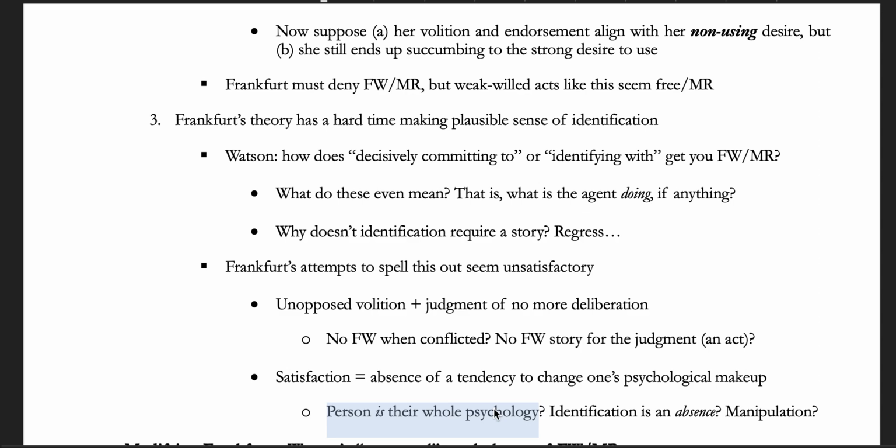And the only response he can make here is that, well, when you have this tendency to change your psychological makeup, then you have alien desires. But it's not clear that you need that. It's not clear that you need an inclination to change your psychology in order to have alien desires. You might not even be aware that your desire is alien. And so you don't have a tendency to want to change it because you're not even really aware of it. That seems possible.